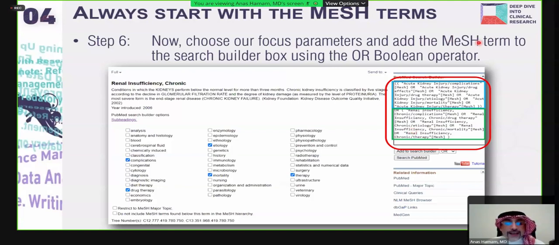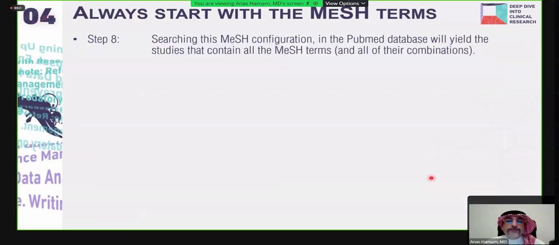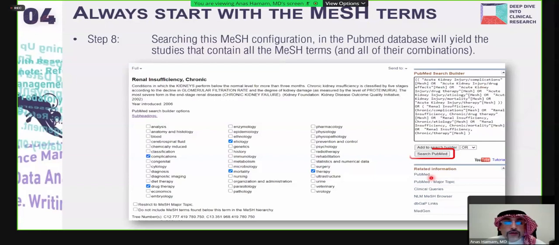Now, once I have this MeSH term set up, I will push search in PubMed. So the MeSH is just to get all the different combinations and to tell the site what you are looking for. Now, when you press search in PubMed, you are going to get the different articles that are within these parameters.